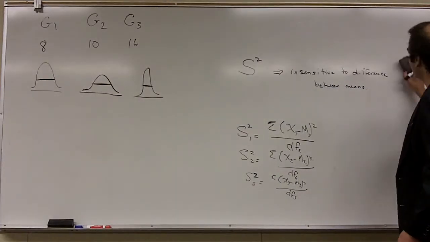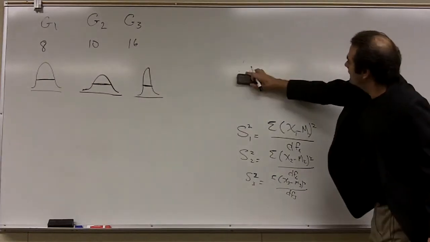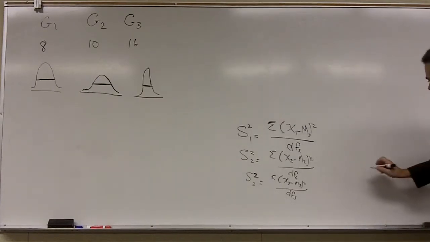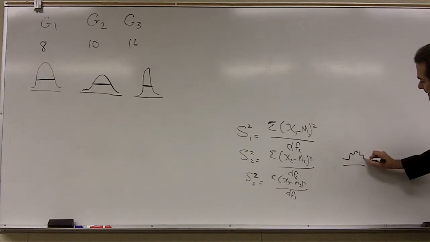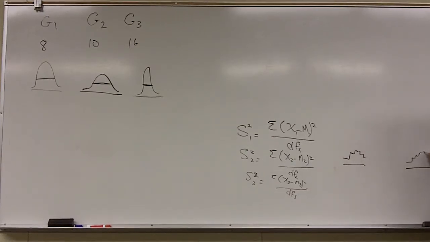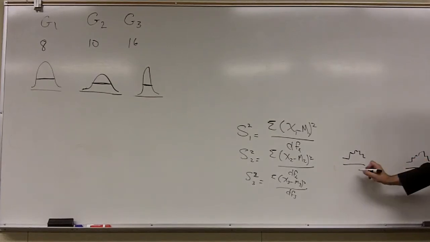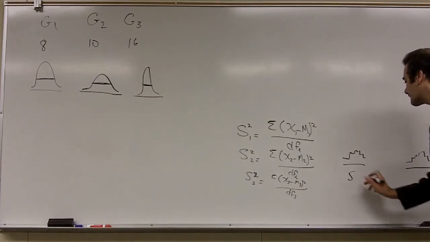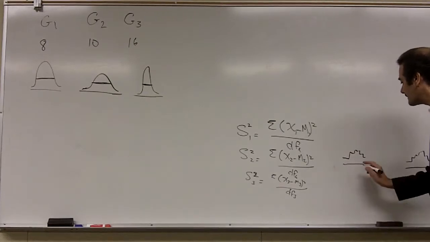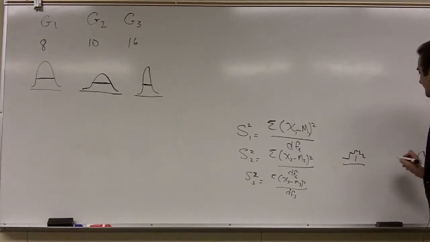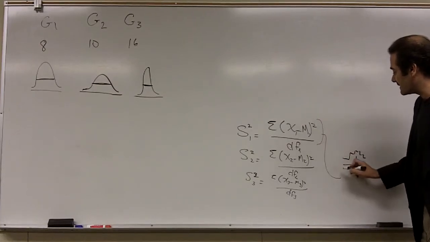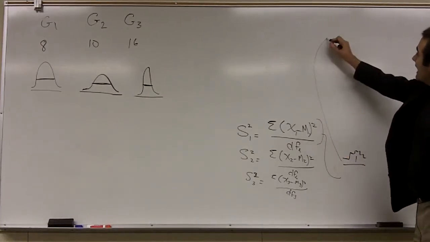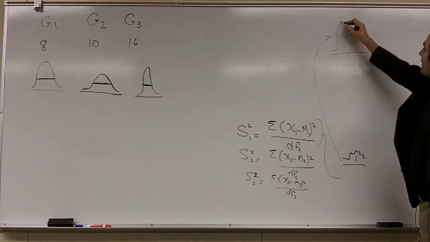In fact, that's exactly what we did last week. We had these groups, these samples here, sample 1 and sample 2. We calculated the variance, and then we estimated the variance of the original population.